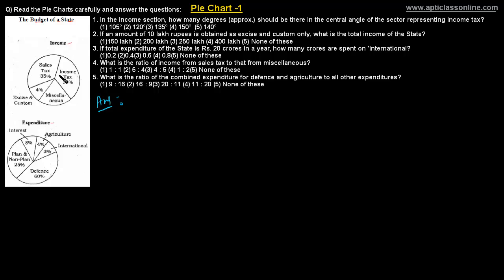So we know that around a point there is a total of 360 degree. So total angle will be 360 degree, which will be distributed among all these subheads. But we have to calculate in the income section how many degrees should be there in the central angle of the sector representing only income tax.